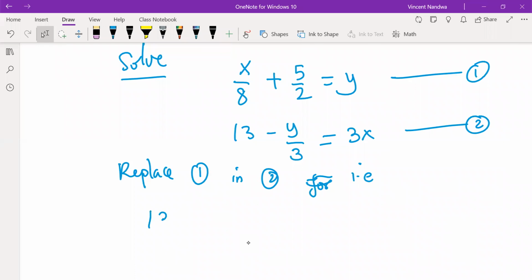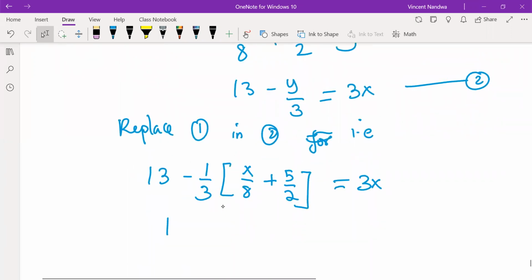So we'll have 13 minus a third into x over 8 plus 5 over 2 equals 3x. So 13 minus 1 over 24 x plus 5 over 6 equals 3x.